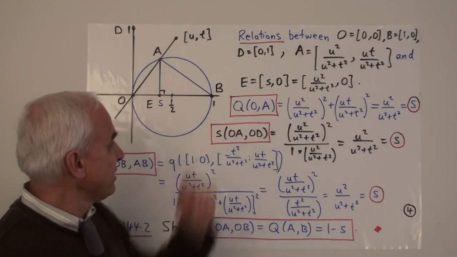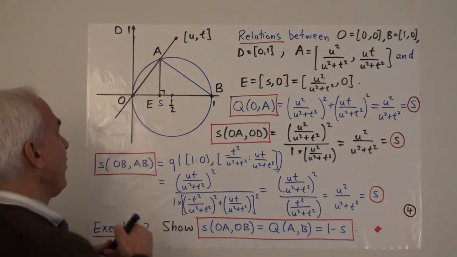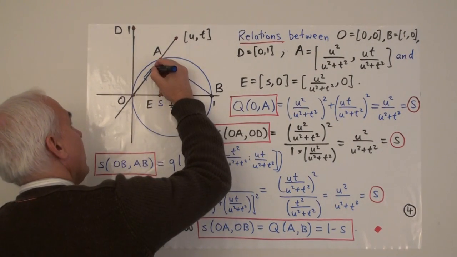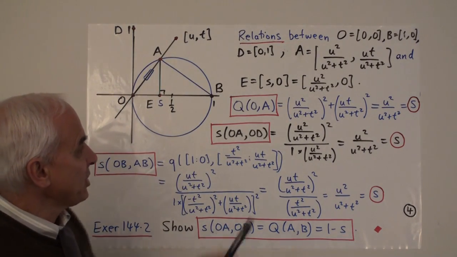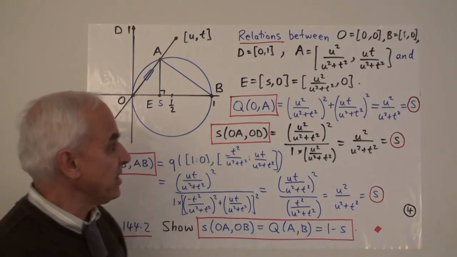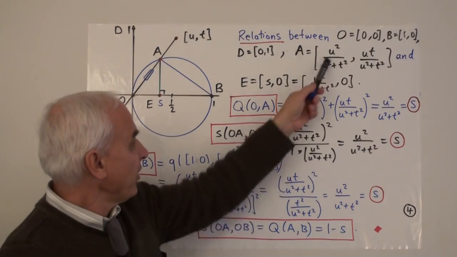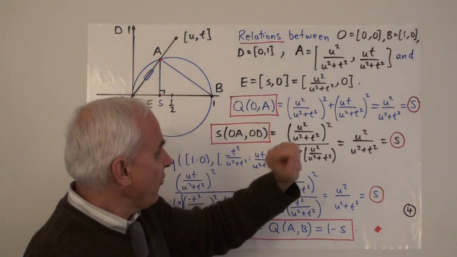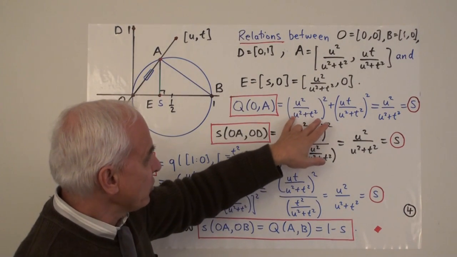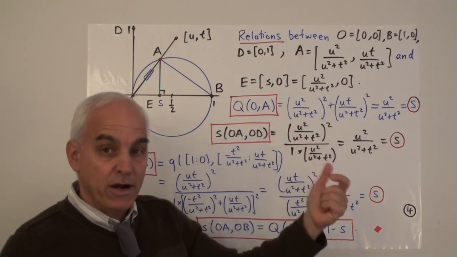Okay, so the first order of business is to compute this quadrance here, this quadrance between O and A. Well, that's simple. We're just taking the sum of the squares of the entries here. So this thing squared plus this thing squared. And now there's a common factor of (u squared plus t squared) squared.